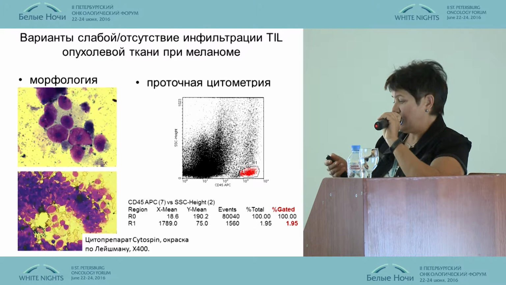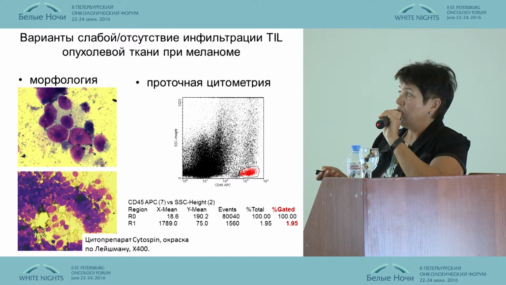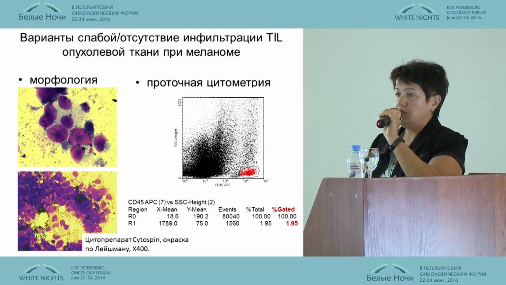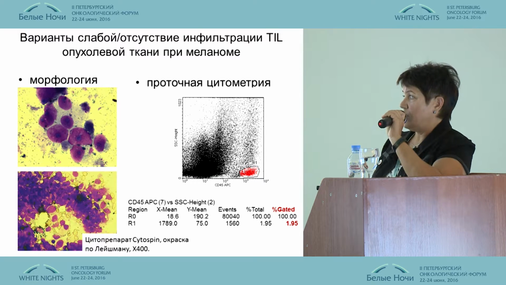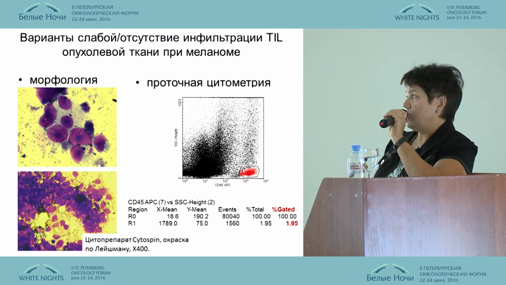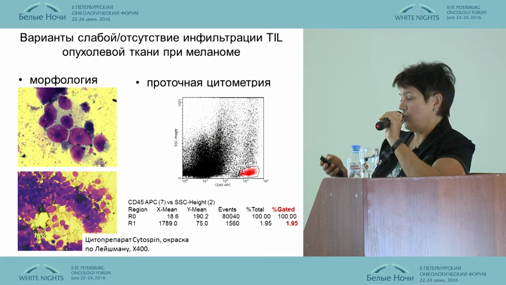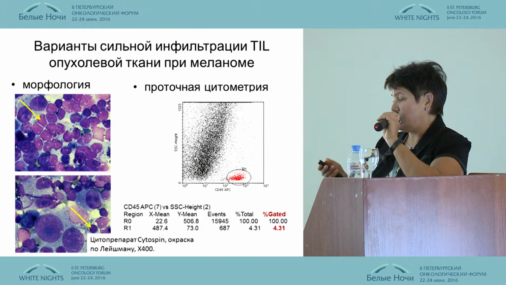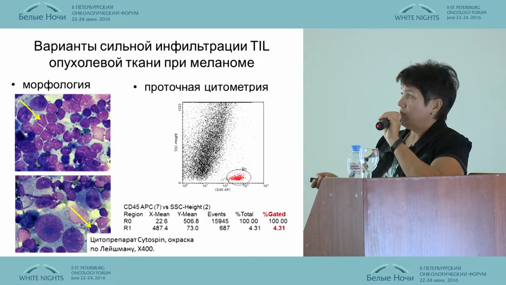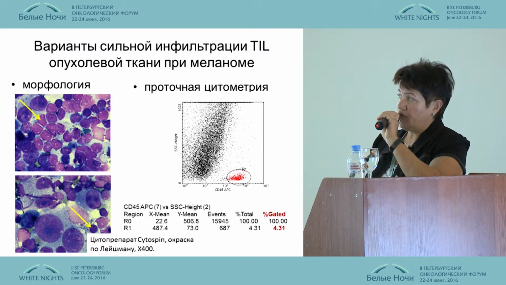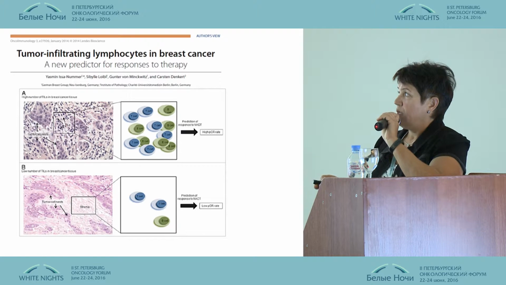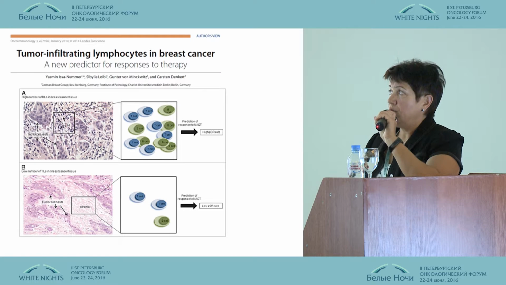Flow cytometry and liquid-based cytometry gave us similar results. Melanoma, absence of infiltration, many events accumulated, and a 2% cell population of CD45 positive cells. And again, lymphocytes identified in tissue in melanoma.